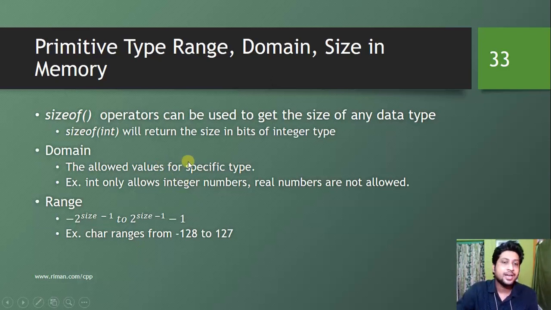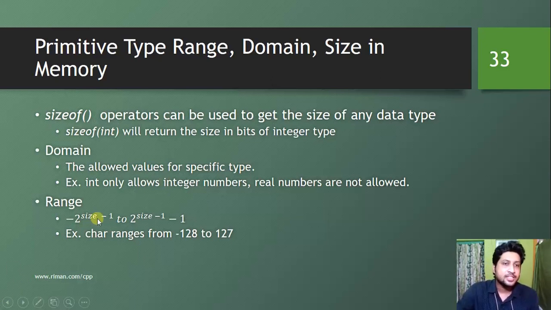Similarly, Boolean has a domain of only two values, true and false. So a bool variable cannot have any other value other than true and false, or 0 and any non-zero value. That means 0 is treated as false, and any non-zero value is treated as true in case of a Boolean variable.